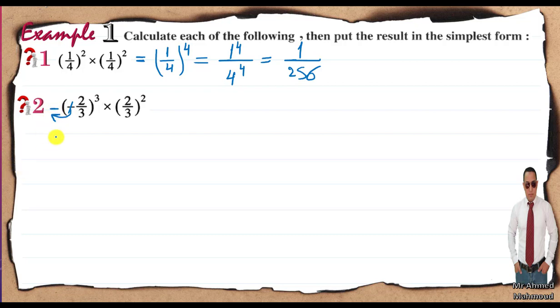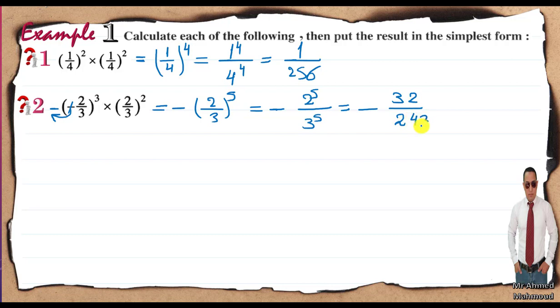It will be negative (2 over 3) all power of 3 times (2 over 3) all power of 2. So I have here negative, between brackets, (2 over 3) all to the power 3 plus 2 equals 5. Then I'm going to distribute this power: 2 power 5 over 3 power 5. It is equal to negative 32 over 243. The next question.